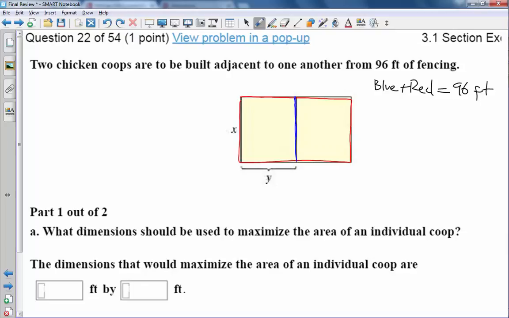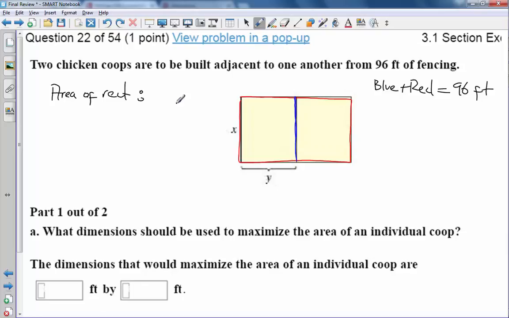Since area is the question, why don't we first write down what we know about area of these shapes from geometry class. What is this shape called? Rectangle, right? So what is an area of a rectangle? Area of a rectangle is length times width.